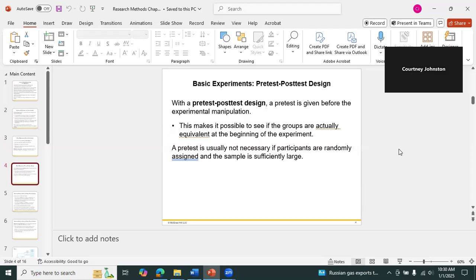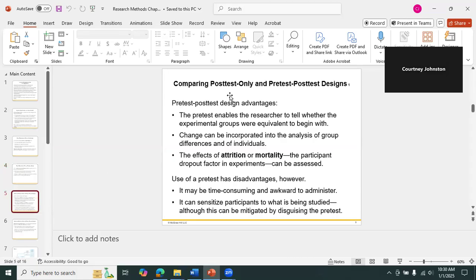But if participants are selected randomly in most cases, and if the sample is sufficiently large, you don't necessarily need to do that because a large sample and randomization decreases the chances of that selection bias, and thus a pretest isn't necessarily required. But if that's not the case, a pretest would be helpful to determine, okay, do we have equivalent groups here?